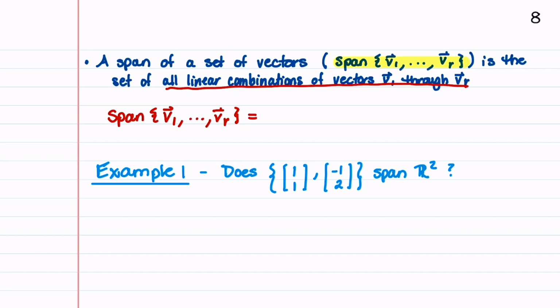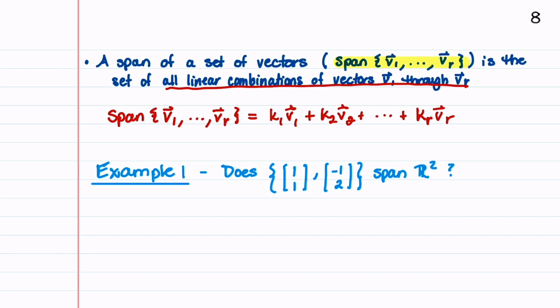So that's a good definition to memorize. Mathematically, instead of saying in words all linear combinations, we would write that it's K1 V1 plus K2 V2 plus dot dot dot plus KR VR.